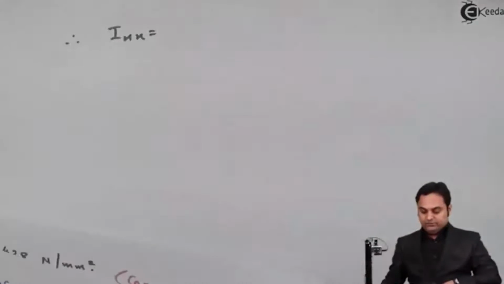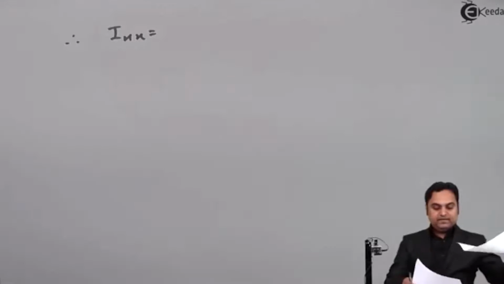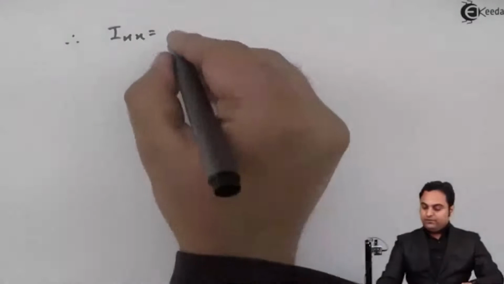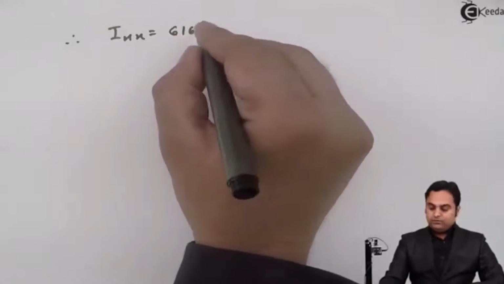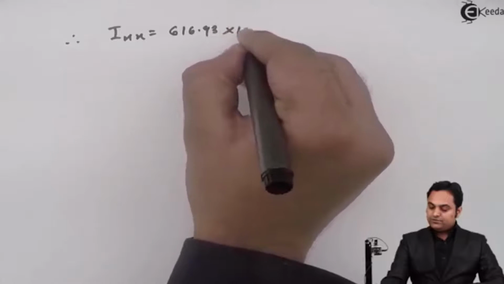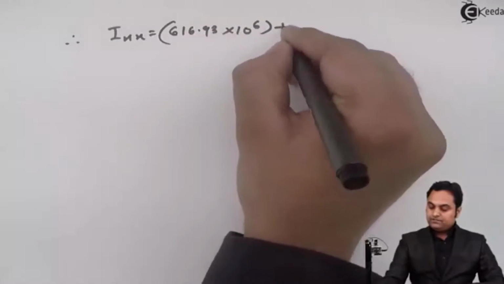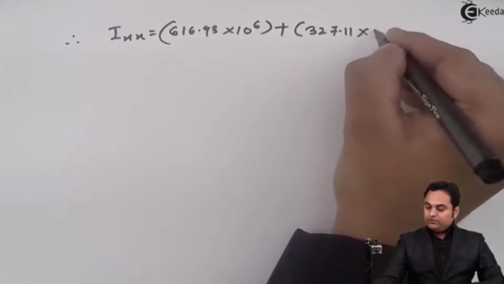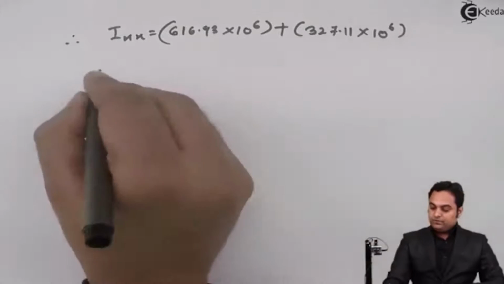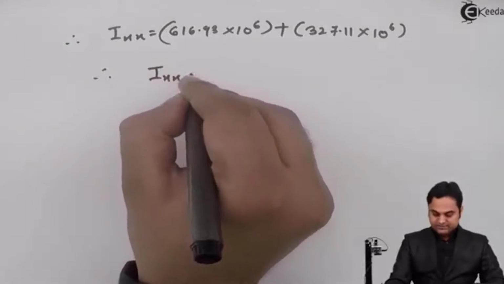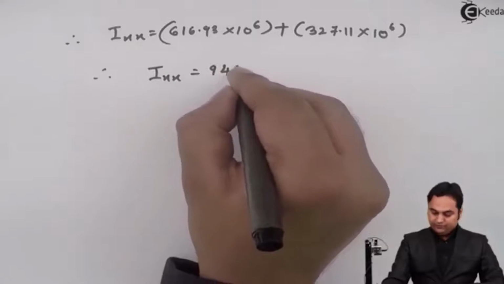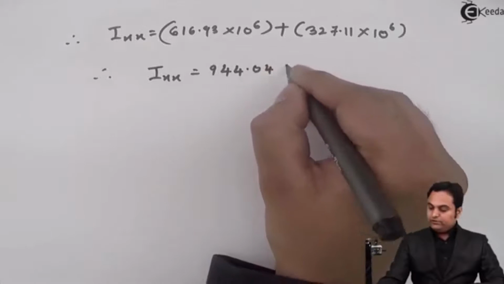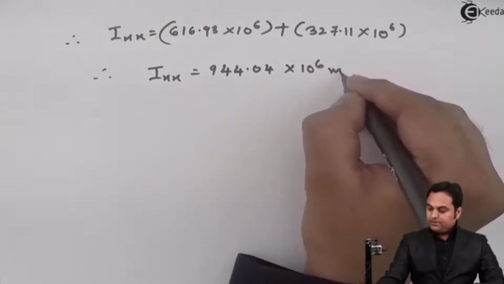So putting their values, Ix1 was 616.93 into 10 raised to 6 plus Ix2, 327.11 into 10 raised to 6. So therefore here I'll get Ix as 944.04 into 10 raised to 6 mm raised to 4.